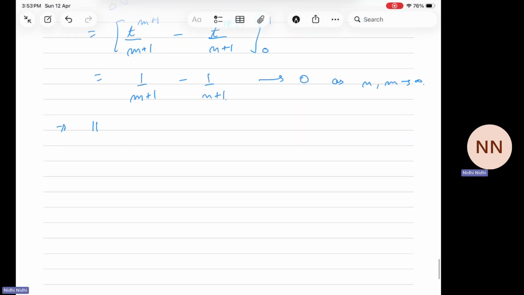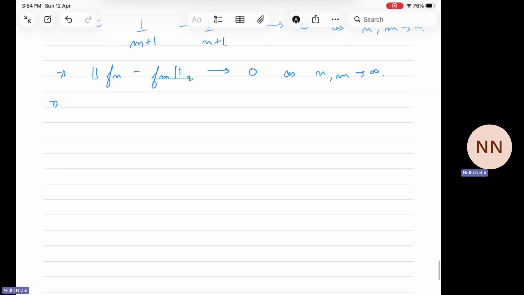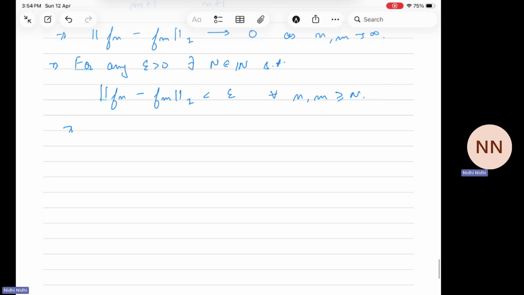That means this norm, the L1 norm of Fn minus Fm, goes to 0 as n and m tend to infinity, which in terms of the epsilon definition can be written as: for any epsilon positive, there exists a stage N in the naturals such that the norm of Fn minus Fm is less than epsilon for all n and m greater than or equal to capital N. Now this is the definition of a Cauchy sequence.